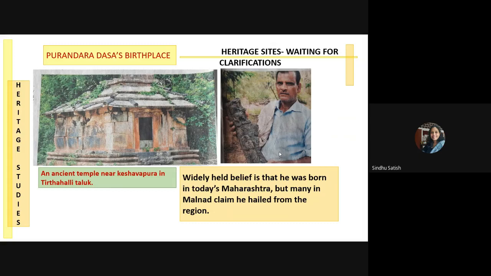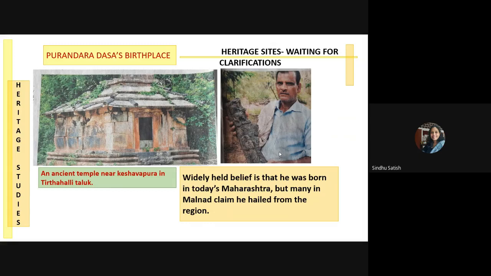The context is that the historical evidence was that Purandara Vithala was his pen name, and all his compositions ended with Purandara Vithala, so it was widely believed that this mystic poet was probably born in Purandara Gad, Maharashtra.